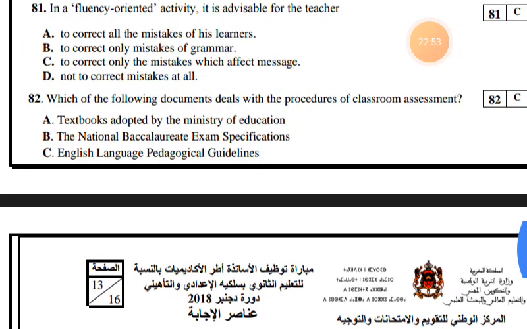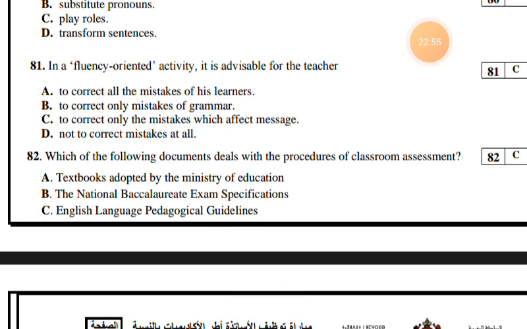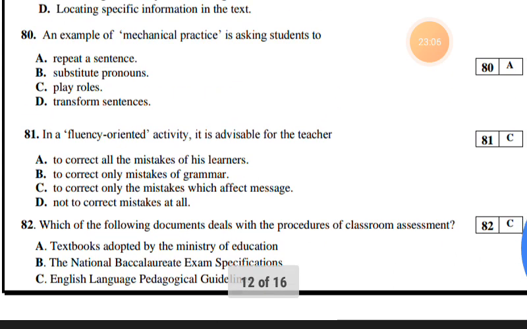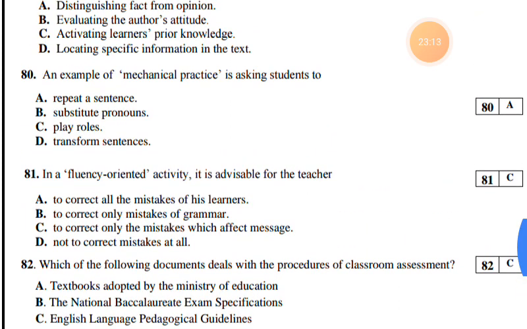But the right answer is C. The English Language Pedagogical Guidelines is the main document dealing with the procedures of classroom assessment. So this is the correction of the questions of the 2018 exam. I hope it is clear for you now.